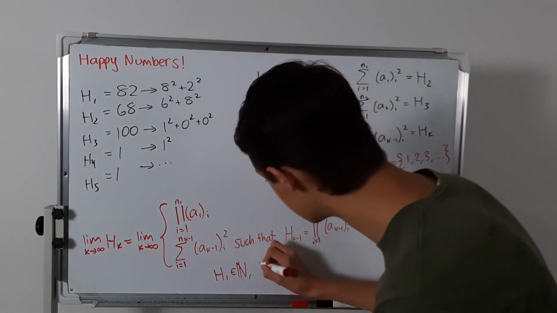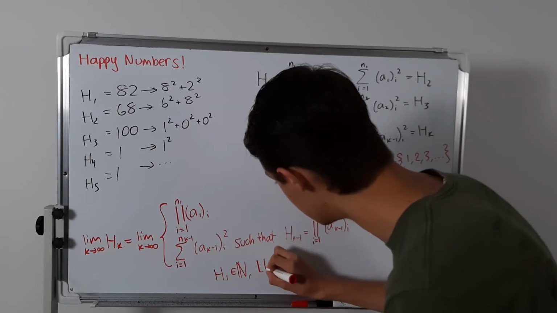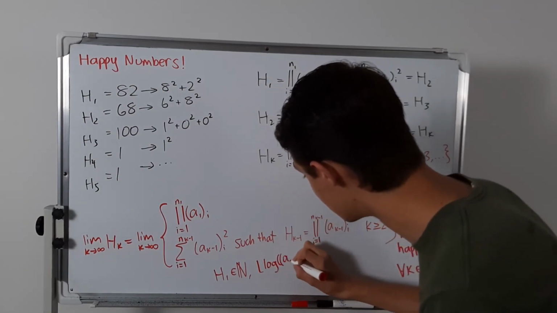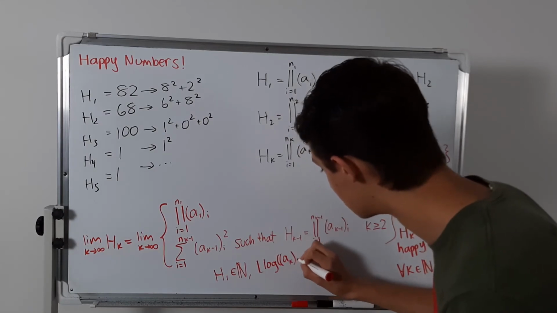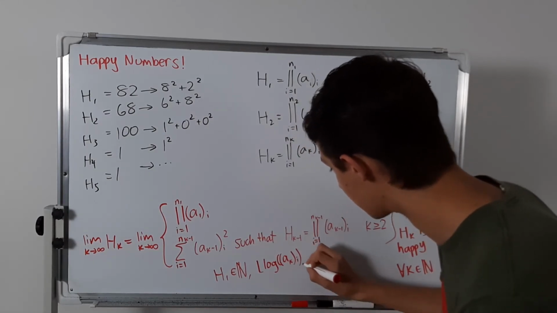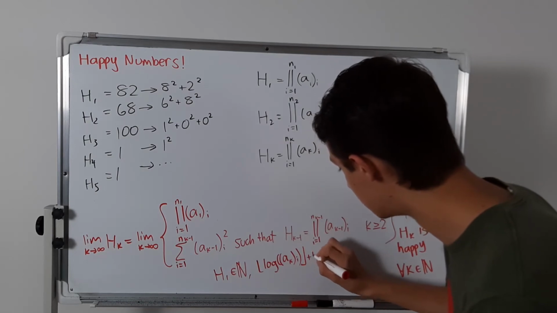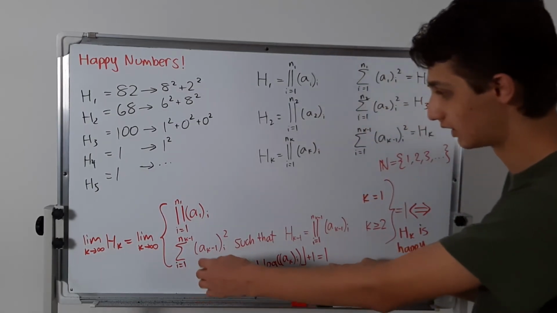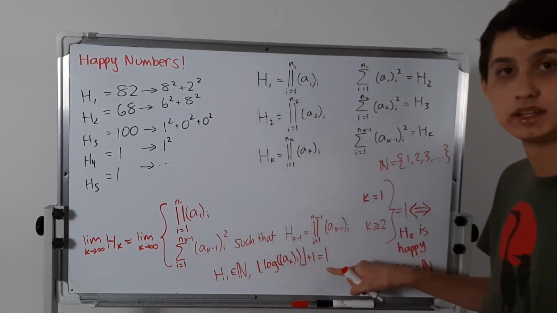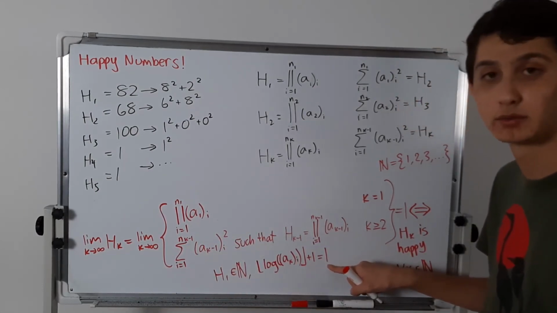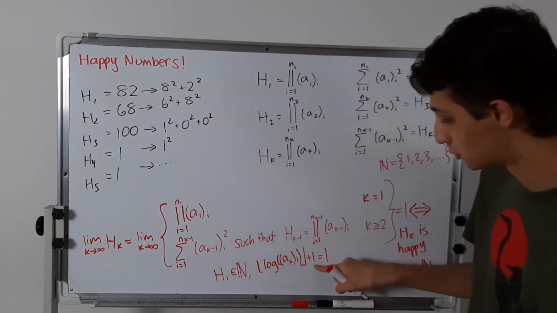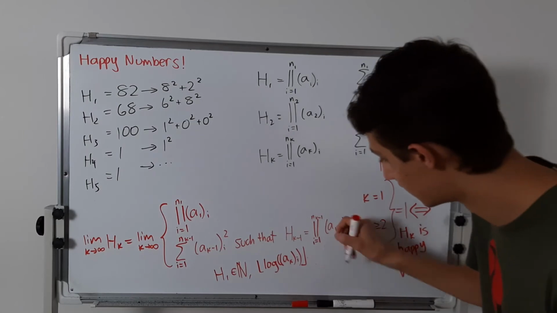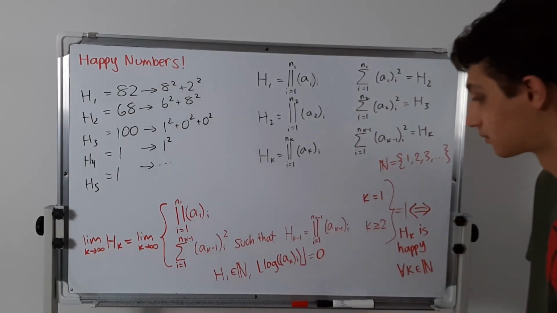We know that the floor of the log of, I have to use two parentheses, of a sub k sub i, plus 1 is equal to 1. That means each of these a's must have one digit, right? And since we have a plus 1 and a plus 1 here, we can just get rid of that and say it has to be equal to 0.